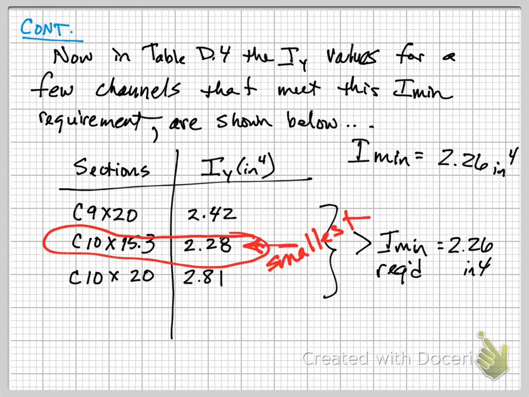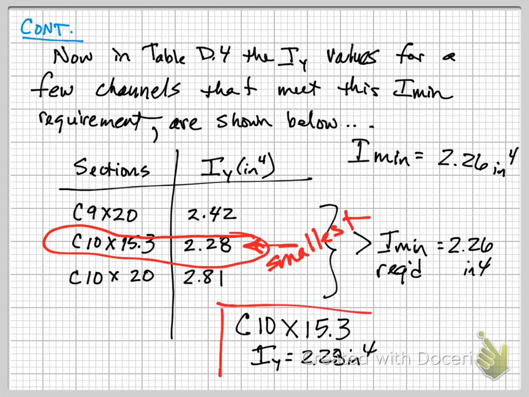So the final answer in the final analysis, a C10 by 15.3 has an IY value of 2.28 inches to the 4th, and this meets all the requirements for the design, and it is the cheapest section. So there you go. That's the end of that problem.